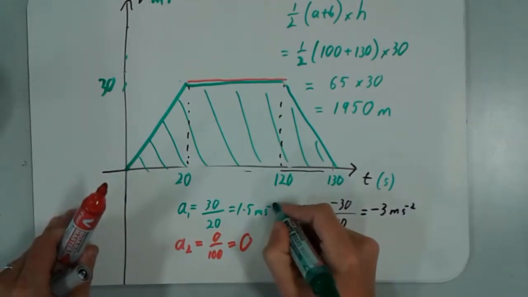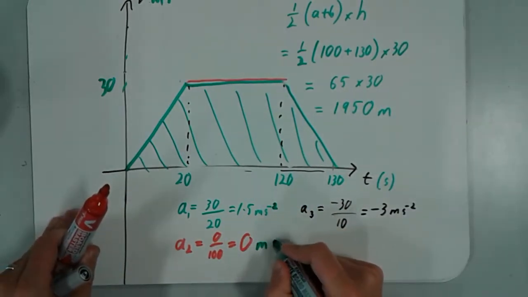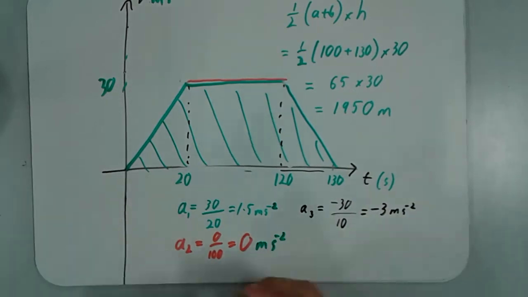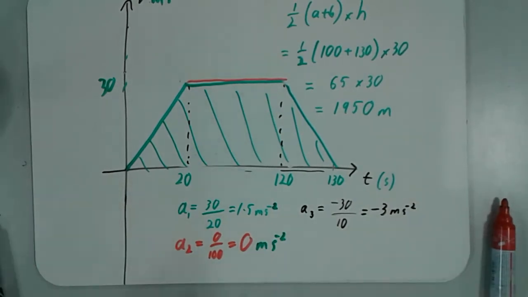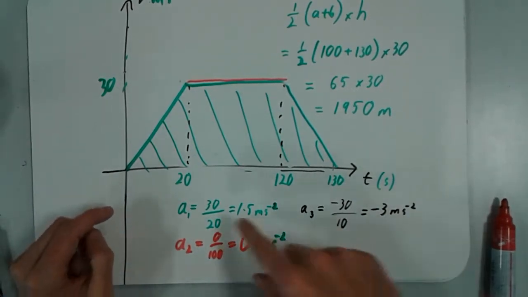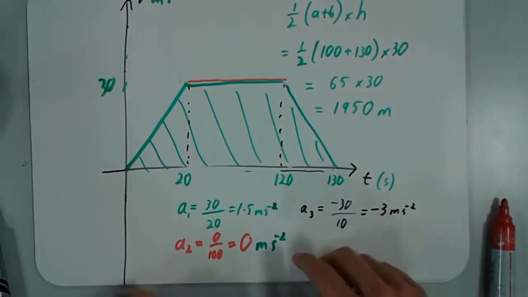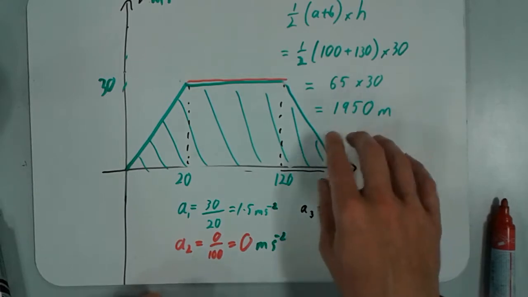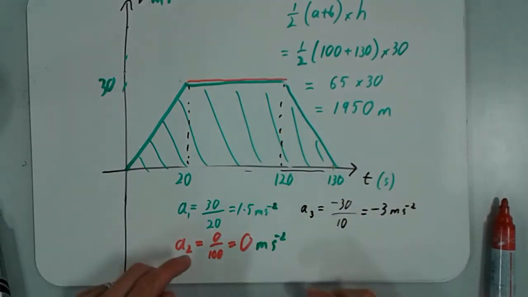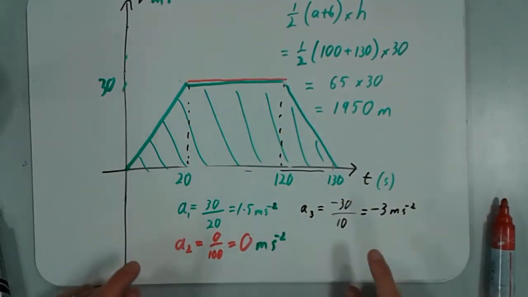Sorry, I forgot my per second squared on that one. Okay, so there we have it. Velocity time graphs. We can sketch them, given some information. We can then calculate areas, which will give us displacement. And we can calculate accelerations, which are gradients.